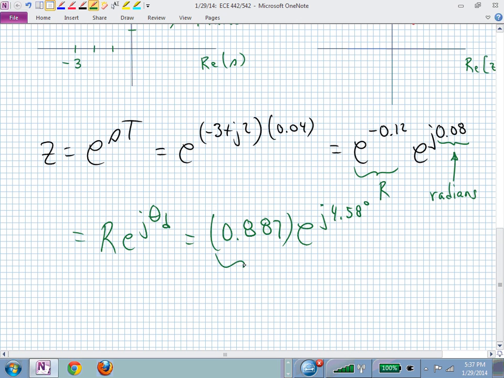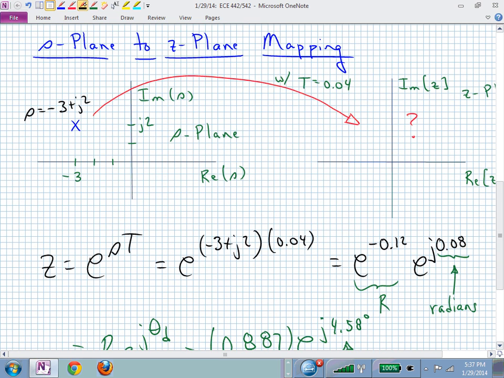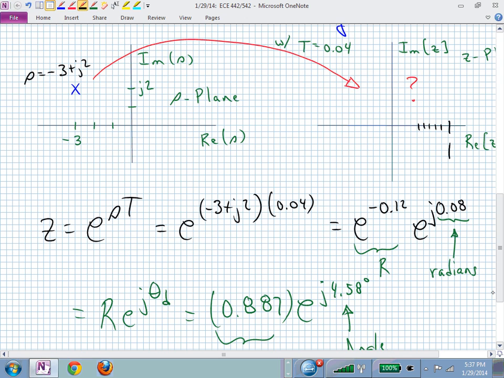Here is then our radius, or this is now a polar form representation of this complex number z, and this is our angle. And that we can now go up here and insert, if we say that's 1, and halfway between, there are my tick marks, and I need to be almost at 0.9 and an angle very small, less than 5 degrees.